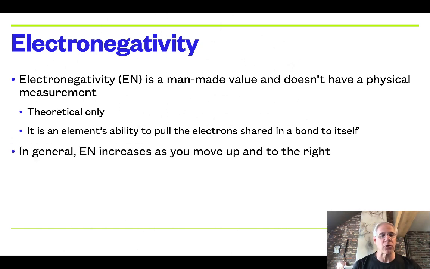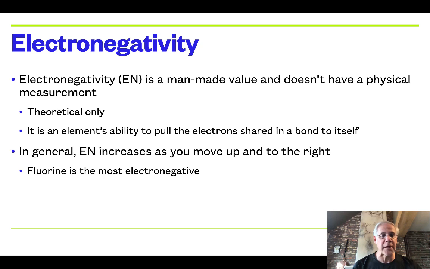And so in general, as you look at the periodic table, electronegativity increases as you move up and to the right in the table. Because we're looking at the effect of two atoms in a bond, we don't look at the electronegativity values of the noble gases, because they don't form bonds very often with other elements.